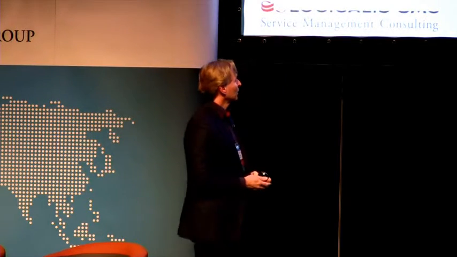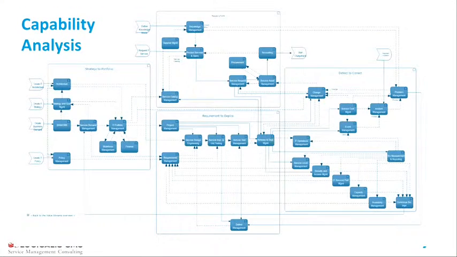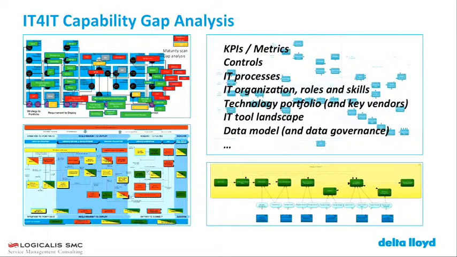So if we look at the Lloyd organization, we took the IT4IT reference architecture, displayed here in a different format, and every component is plotted: how do we do that today, what the tools are, or the process, who's responsible, who's accountable, as a kind of quick scan. And then we identified what the gaps are. As you can see here, some colored lines: there are tools that are not strategic or can be replaced.